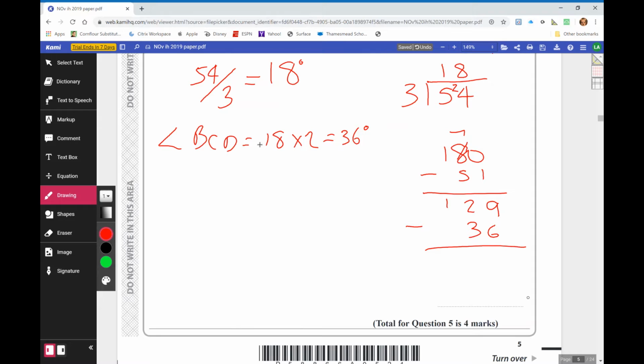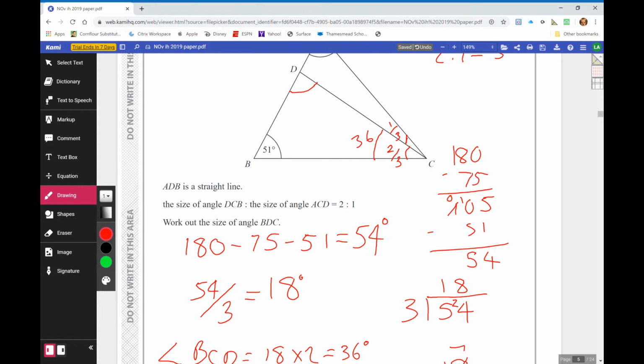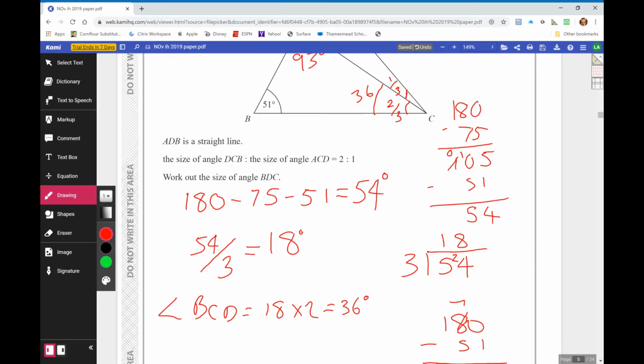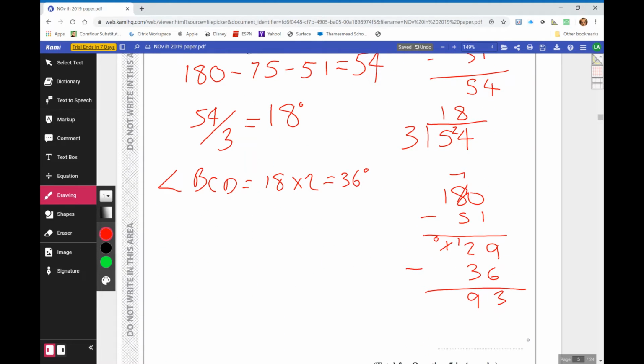I'm just showing you that, obviously, it's a non-calculator paper, so you can always do all these checks. So 93, so that angle here must be 93 degrees.